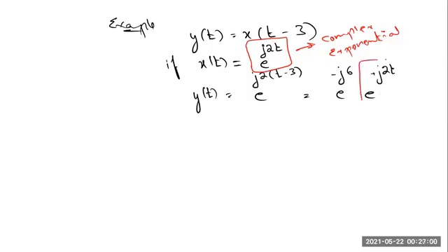And you can clearly see in the output, we have the same complex exponential multiplied by some constant factor. So actually this is H of j2, which is equal to e power minus j6. So this is the eigenvalue.